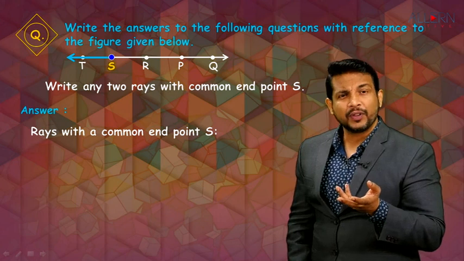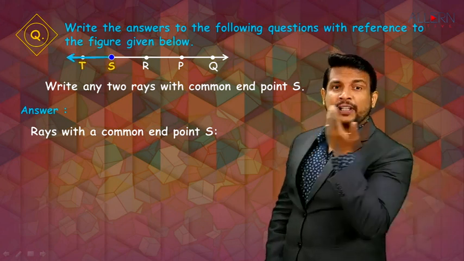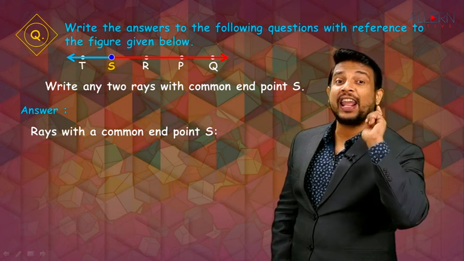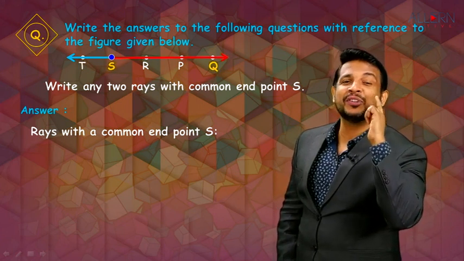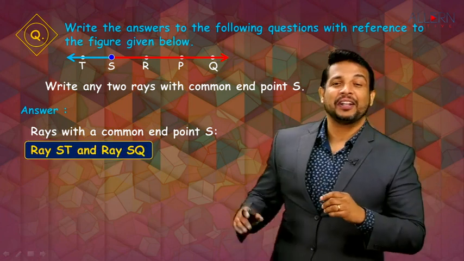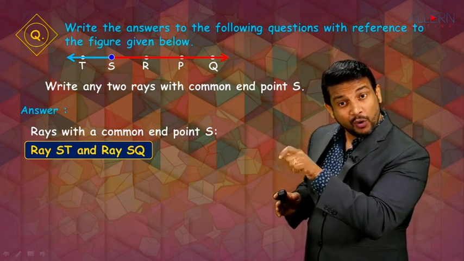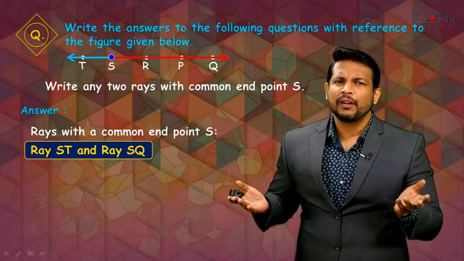Ray ST. One more ray starts from S and moves in the opposite direction. What is that? Ray SQ. So ray ST and ray SQ are two rays which have a common endpoint, meaning common origin S. So simple. Very easy, right?